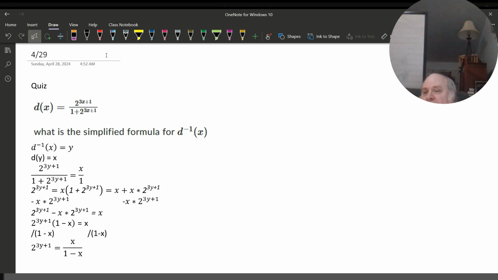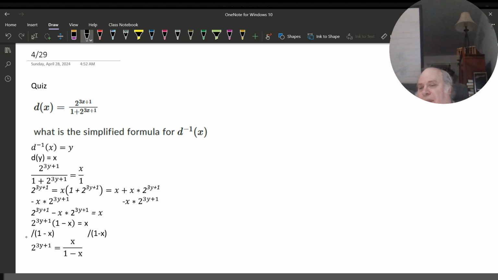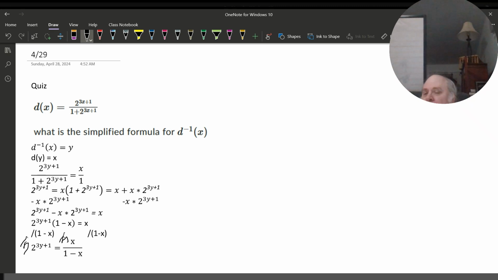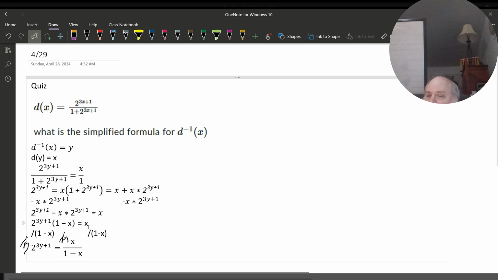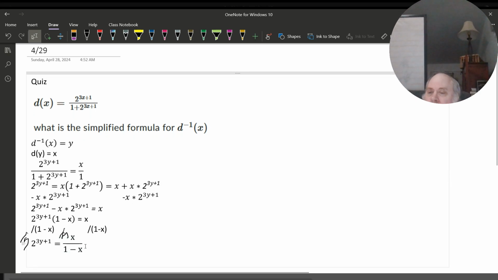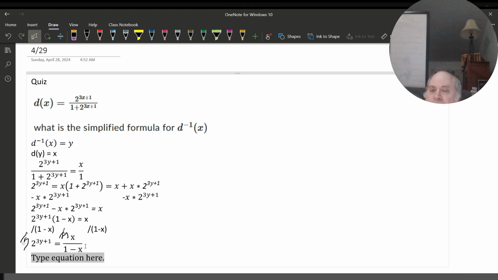I can say ln of both these sides, and you have to ln the whole side. So 3y plus 1 is going to come out because it's a power. So it's going to be 3y plus 1, and that's got to be in parentheses.